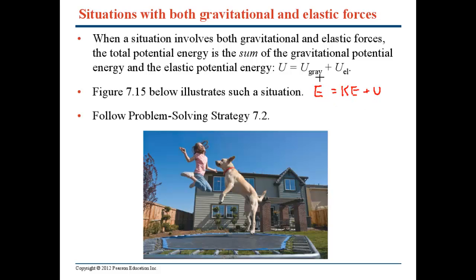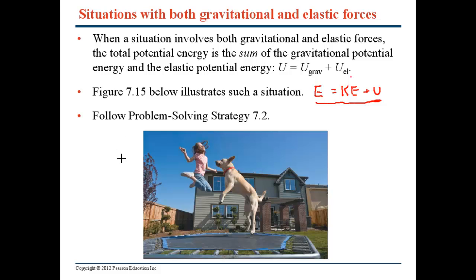Before that, this U right here was just gravitational potential energy, but it is also true if there is elastic potential energy in a system. So energy will be conserved if the only forces that are acting on a problem are gravity and springs.